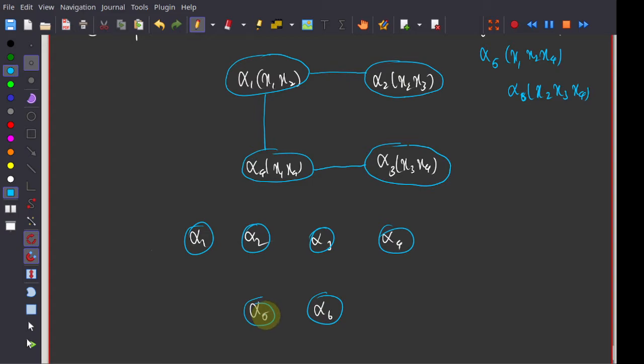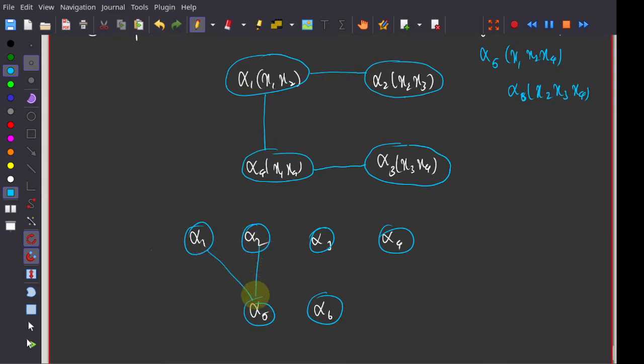How do you define a tree? What's another way to characterize a tree? Correct, you don't have a cycle.